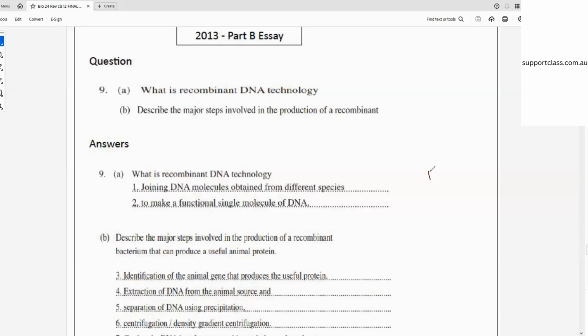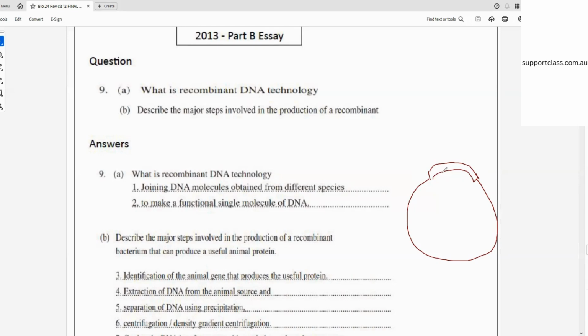It's an insert and a vector. The insert is DNA from a different source, maybe a mammalian gene. This is a bacterial vector, all right? This is the very best example for gene cloning. We all the time talk about this vector plus insert.